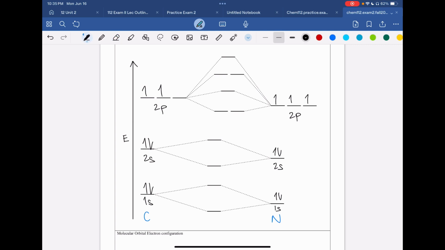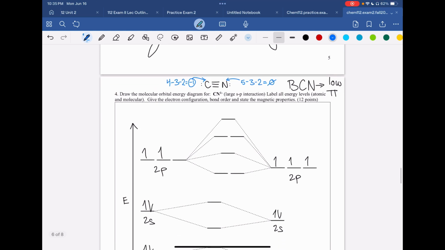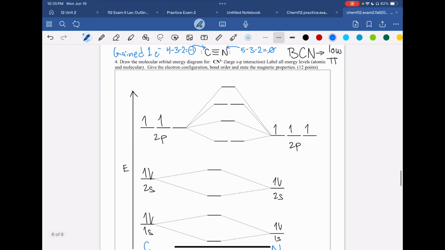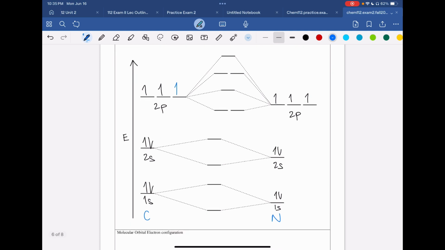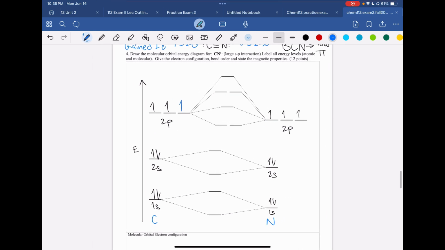It's this one, okay? So, remember how carbon was negatively charged, right? It gains one electron. So you're simply just going to add it. So that's the one it gained. Okay? So going back off that, that's the one that gained.